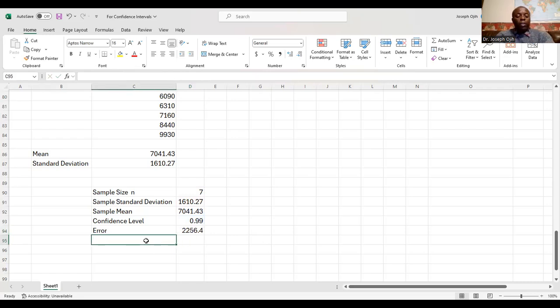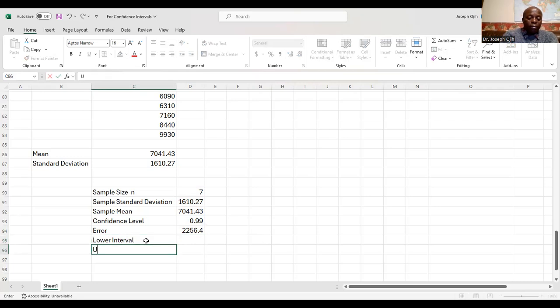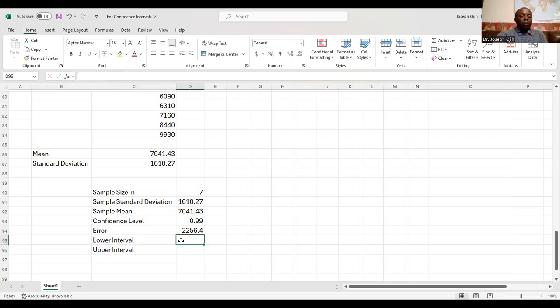So now we have our lower interval and upper interval. For the lower interval, just do mean minus the error, and press Enter to give the answer right away. For the upper interval, I do mean plus the error. So this is the confidence interval.